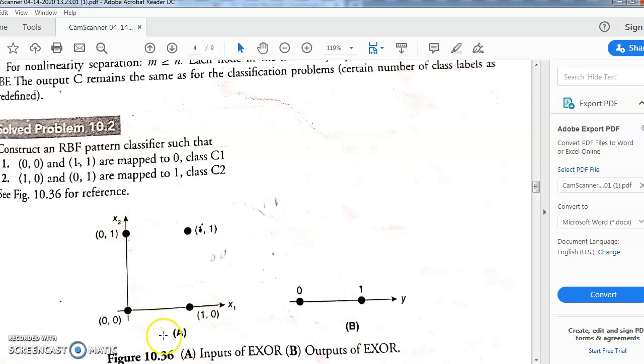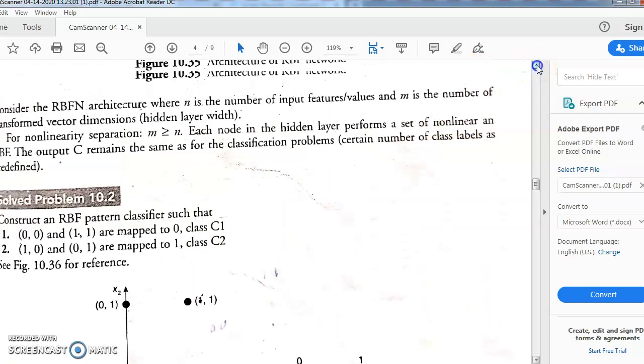If you see this diagram, we can't draw such a line so that 0 1 and 1 0 will be in one class and 0 0 and 1 1 in the other. So this problem is called a complex pattern classification problem.